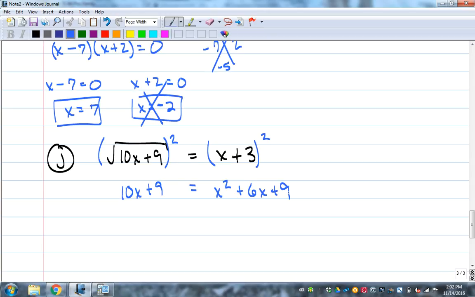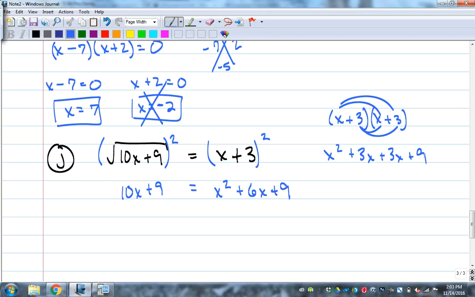You add in the middle, not multiply. And if you've got to go over here to the side and write out x plus 3 times x plus 3 and do the distributive property, that's fine. Nobody's going to make fun of you for doing that. That's part of doing the work. Okay, and then that in the middle is where the 6x comes from.